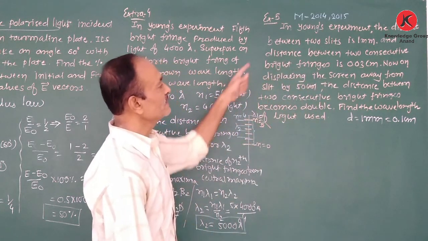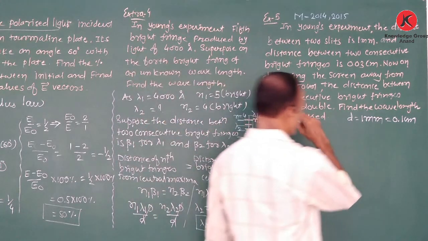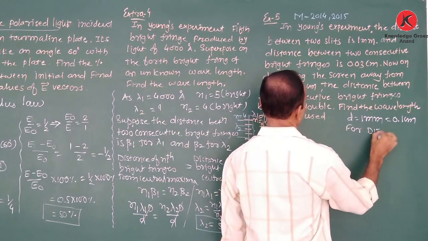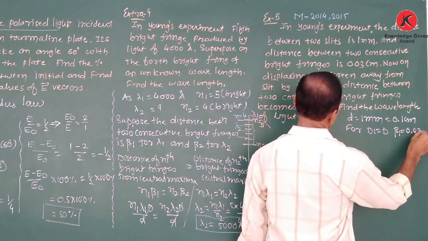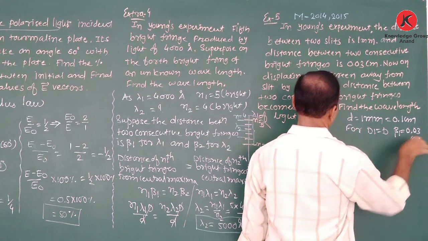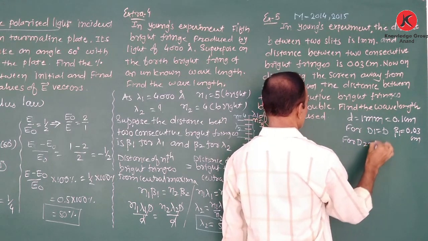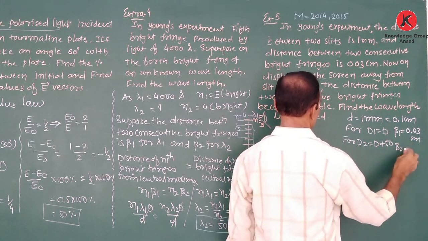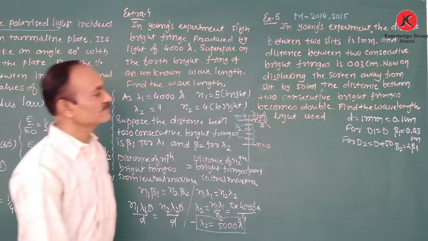And the distance between two consecutive bright fringes is 0.03 centimeter. Therefore, for D1 is equal to D, beta 1 is 0.03 centimeter. And for D2 is equal to D plus 50, beta 2 is equal to twice beta 1.